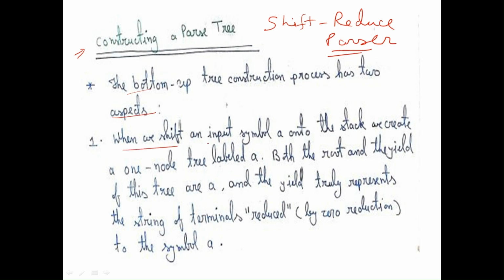When we shift an input symbol onto a stack, that is we are shifting A onto the stack, we create a one node tree labeled A. Both the root and the yield of this tree are A, and the yield truly represents the string of terminals reduced by zero reductions to the symbol A.